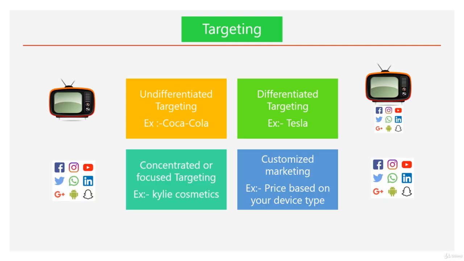Then comes the customized marketing, and customized marketing is basically all those marketing campaigns which are created for a specific customized set of audience. For example, if you are using an iPhone, then those people who are only using an iPhone will get a related product of iPhone. For example, you'll get the ads or the sponsored post for AirPods, for Mac, or something like that.